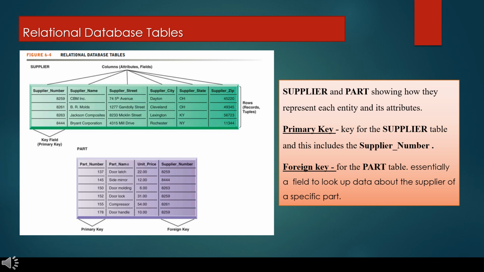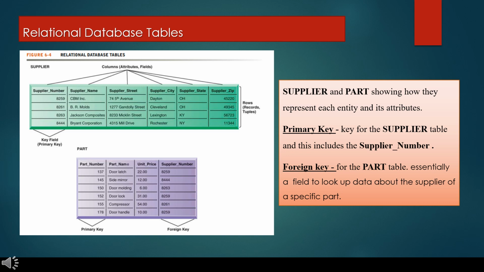Each record in the supplier database is uniquely identified by its supplier number column so that it may be queried, changed, or sorted. It's known as a key field. In a relational database, each table contains a single field that serves as its primary key.